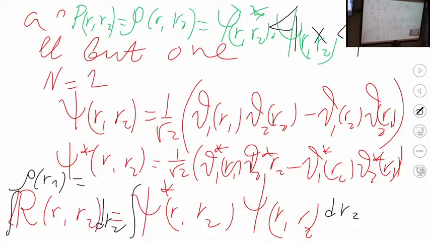All electrons. We do not need many variables. We look at only one variable, and here we have two. How do we get rid of the second variable? We just integrate over it, right? Make a summation. So we put an integral, and we integrate over R2. So we need the wave function conjugated, psi star, the wave function without conjugate, and then the integral over R2, which is not visible here. Make sense?